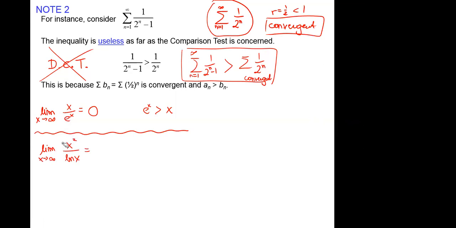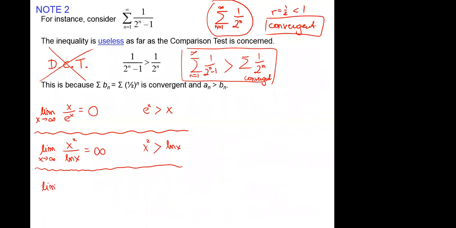Of course, the power function, x squared. That means x squared is winning against the logarithmic. Logarithmic is increasing, but really slowly. That means if the top is winning, it's infinity.